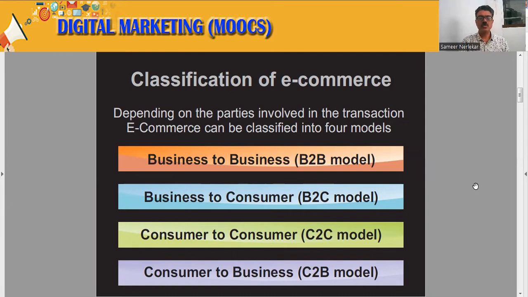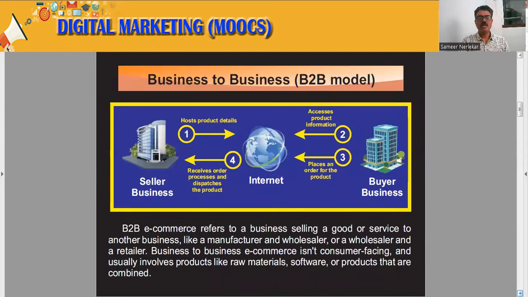Then the business to consumer model, which is called the B2C model. Consumer to consumer model, which is called the C2C model, and last, consumer to business model, that is called the C2B model. Now let us try to understand each and every model in detail by using some figures.